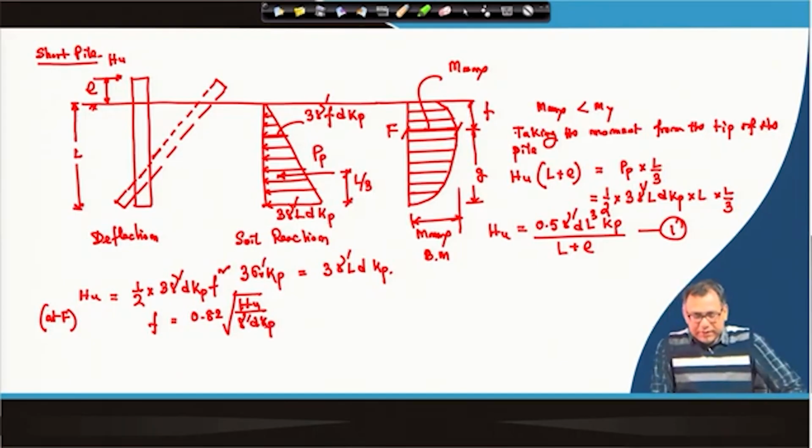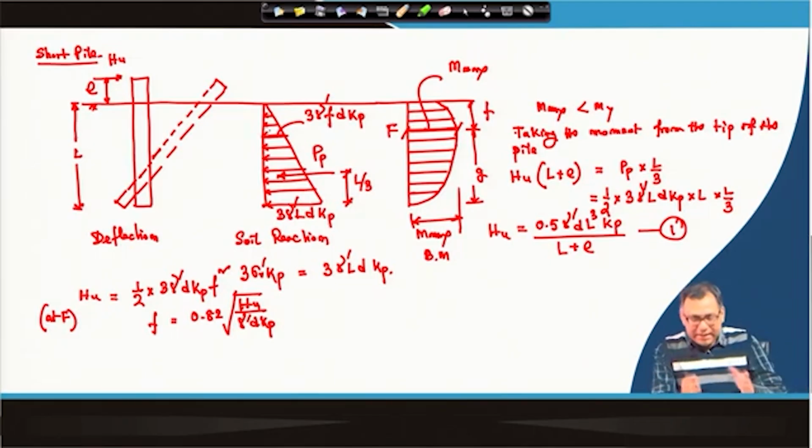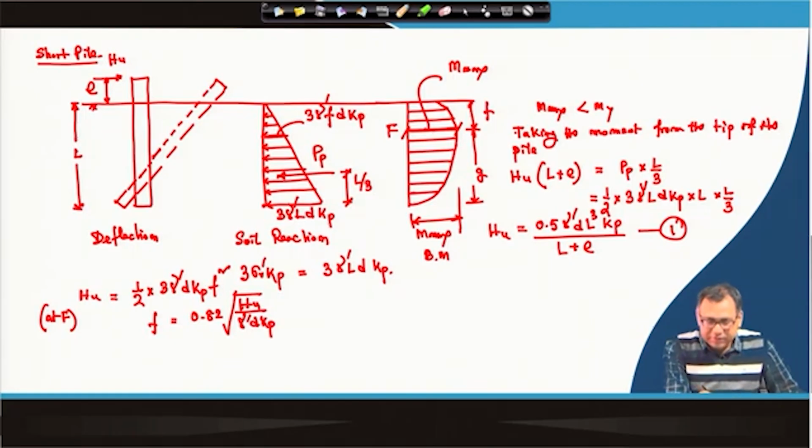Because in this case we balance the forces with respect to F. And this H u is acting in this direction, and F portion is acting in this direction. So, once we get the H u, we can get the F value where the maximum moment is acting. So, this is my second equation.